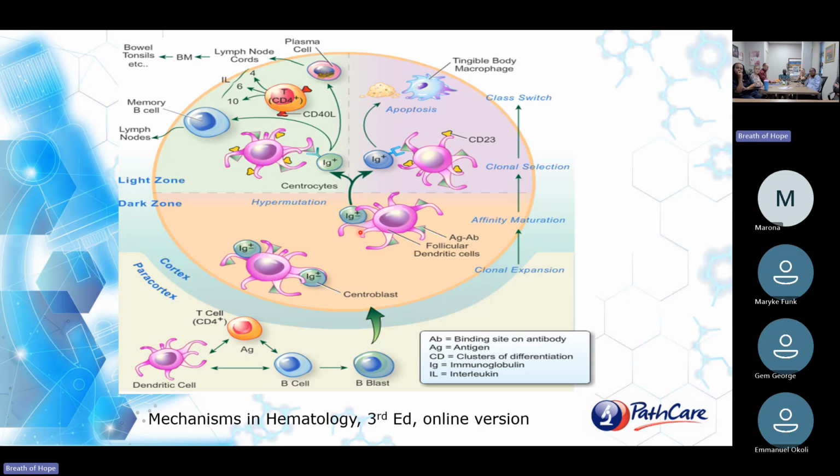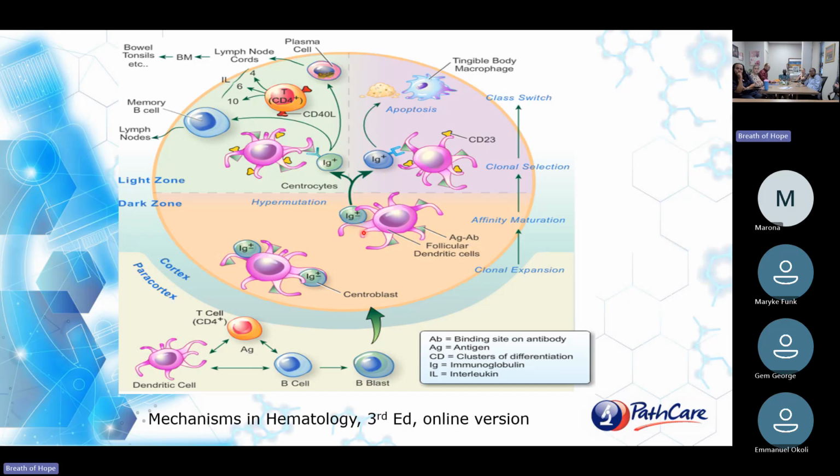The ones that bind very well get to live, and the ones that do not bind very well die off. This area of the lymph node is called the dark zone, because all these proliferating centroblasts cause the density or the darkness of that part of the follicle to increase.